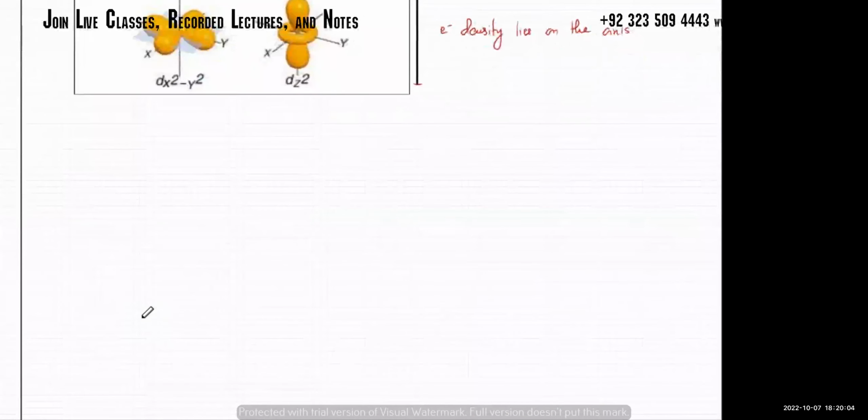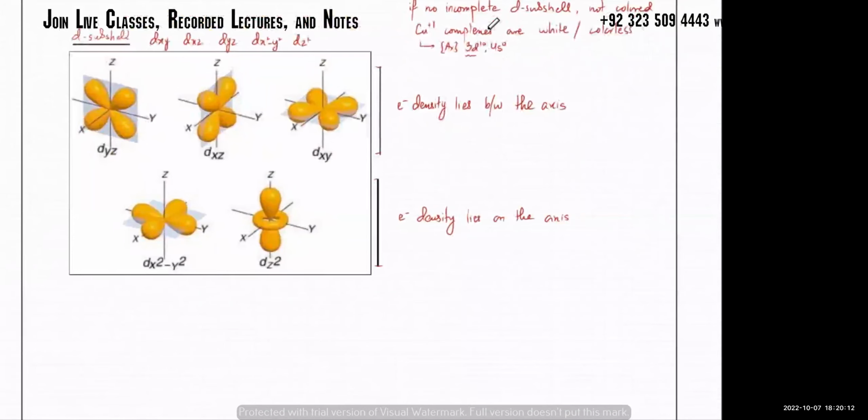Now here's what happens when a complex is formed. Imagine there's a nucleus and electrons are getting added to that, right? So electron density is occupied between the z and y axis, so that space is occupied. There's an electron present between the z and x axis.